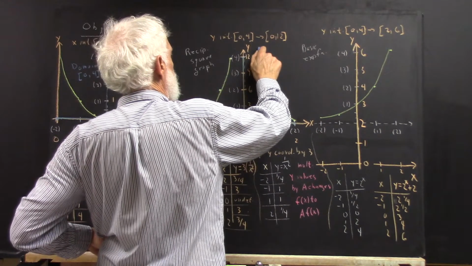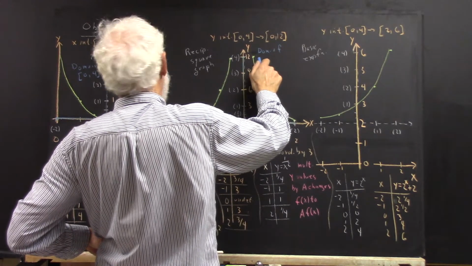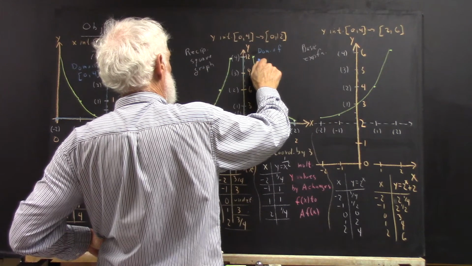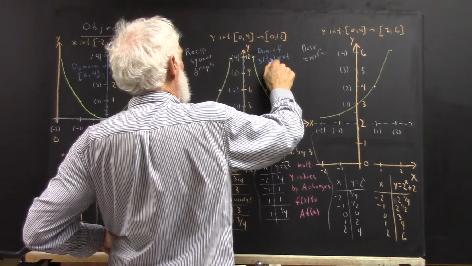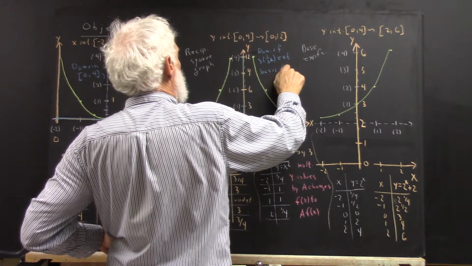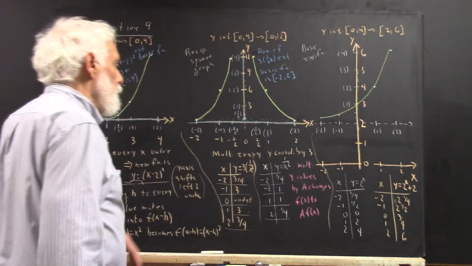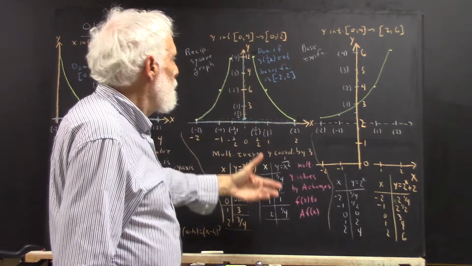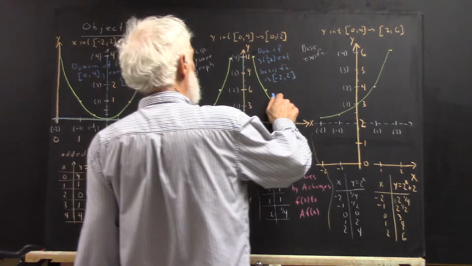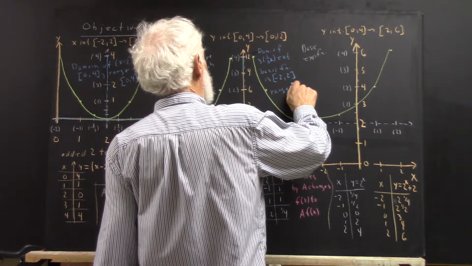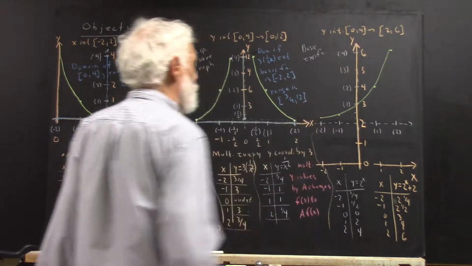So if we relabel the extended basic function to get the 3 times 1 over x squared extended basic function, the domain is negative 2, 2. The range is 3/4, 12.